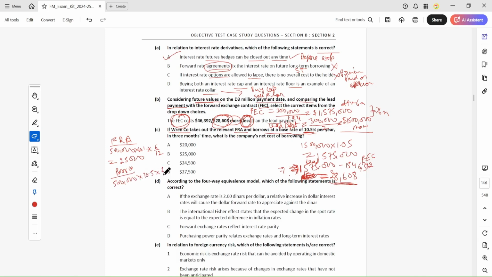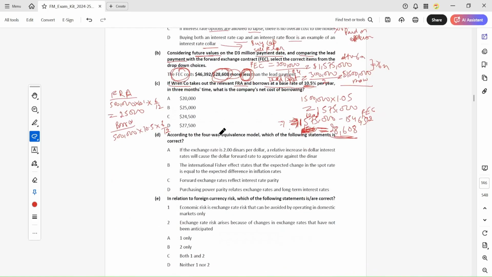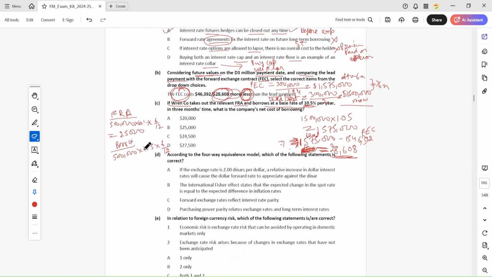10.5 multiplied by 6 divided by 12. In 3 months' time, for 6 months we borrow. Okay.